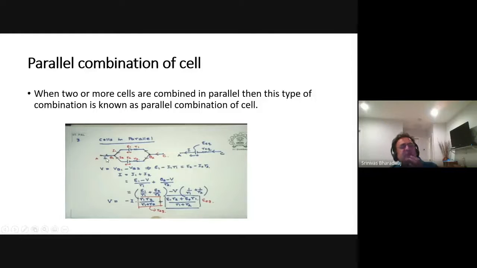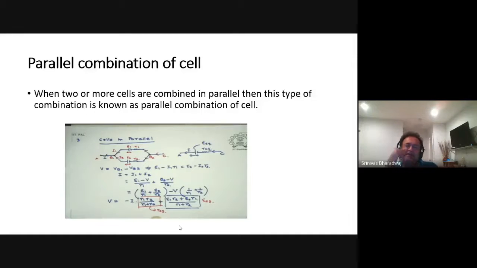And therefore, you write this as I times this plus whatever else. That whatever else is this complicated formula: E1 R2 plus E2 R1 divided by R1 plus R2. Okay, so that is the EEQ.